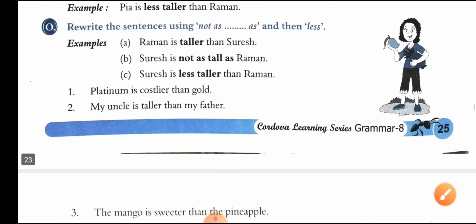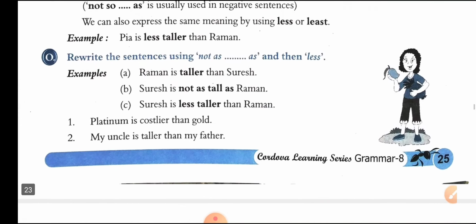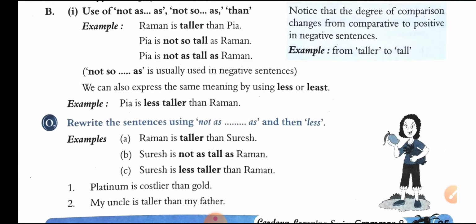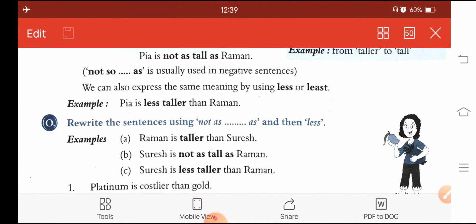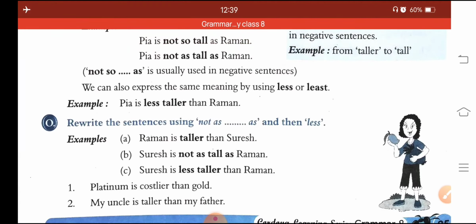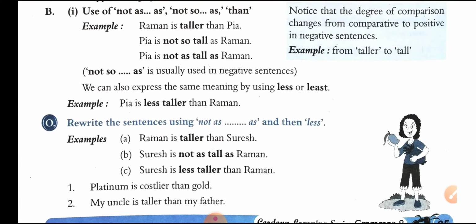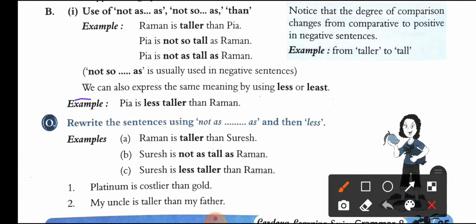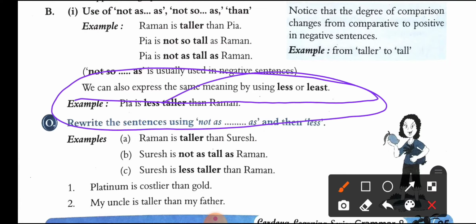Exercise number O. And one more thing is given here. See the point: not so as is used in negative sentences. We can also express the same meaning by using less or least. Here we can do like Pia is less taller than Raman, but then we have to do comparative degree.